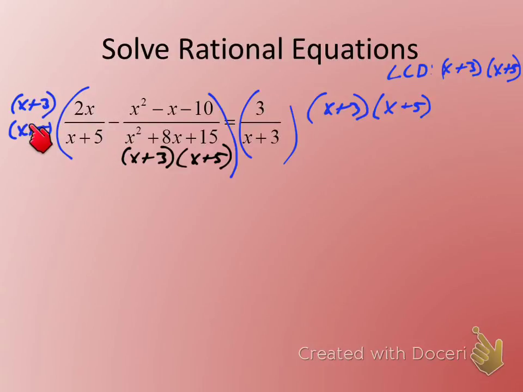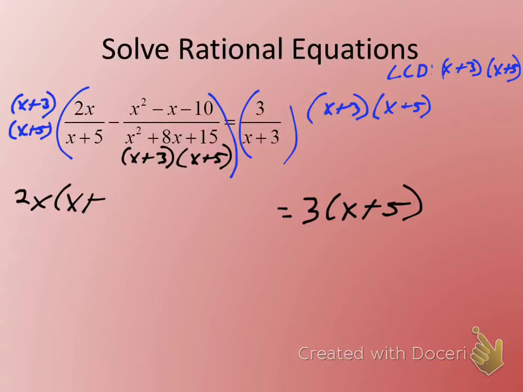Okay, so now whenever you distribute the x plus 3, x plus 5 into here, let's do the right side again first. So x plus 3, x plus 5 times this, the x plus 3's here will cancel, leaving you with 3 times x plus 5. On that side. So then you go to the other side, when you distribute this through here, the x plus 5's cancel, leaving you with 2x, x plus 3.